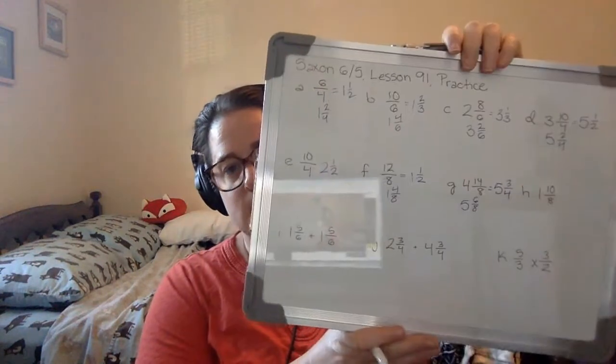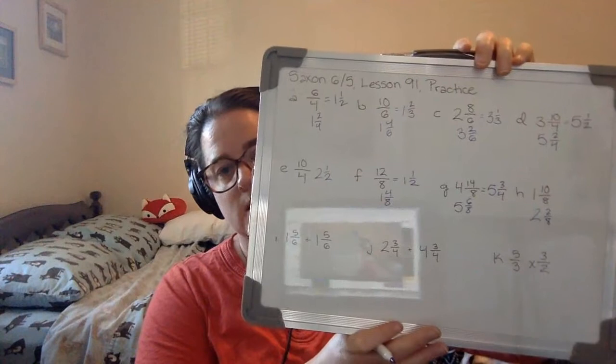4 and 14/8: we're going to convert 14/8 into a mixed number. 14/8 is going to be 1 and 6/8. We're going to add our 4, so that gives us 5 and 6/8. 6/8 reduces to 3/4. So 4 and 14/8 is 5 and 3/4.